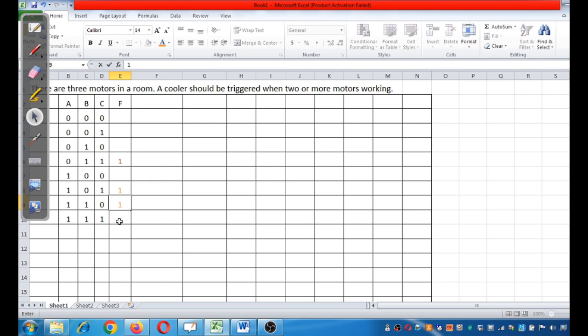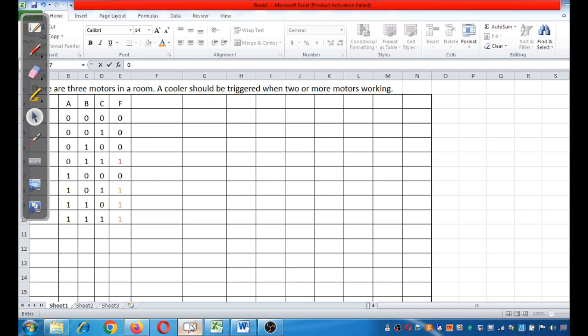Here also high. Here also high. So this output line is triggering the cooler. In all other combinations, your output line will be low. So first stage is over. You have converted your problem to a truth table.